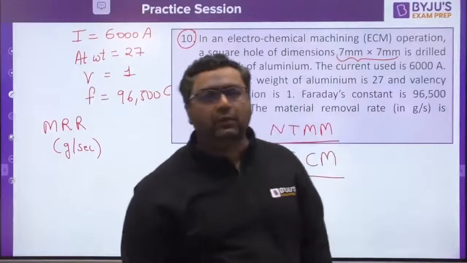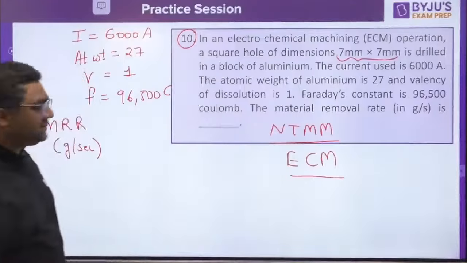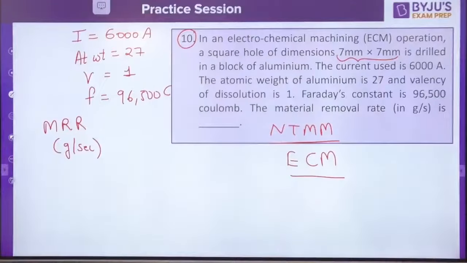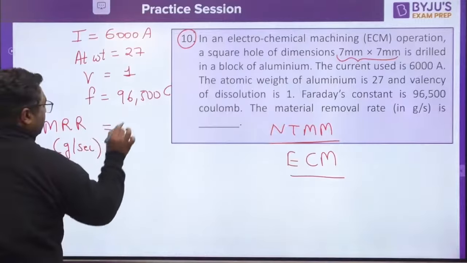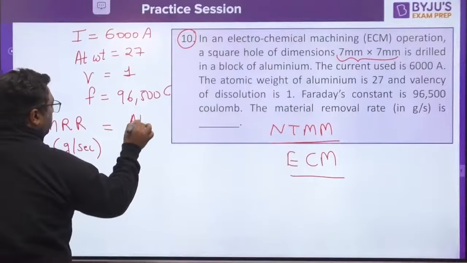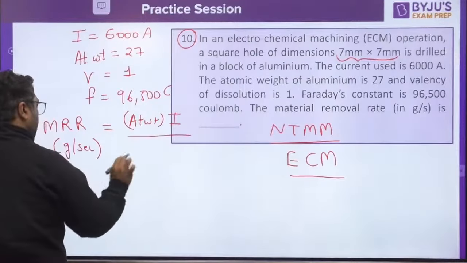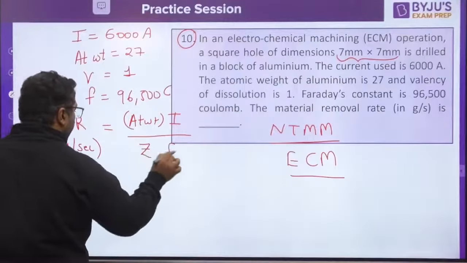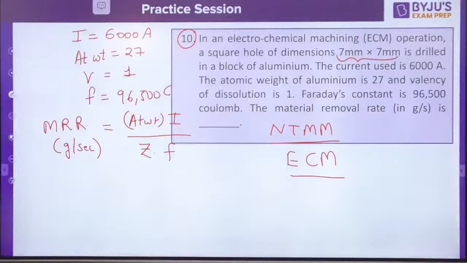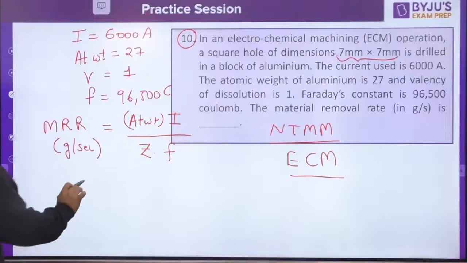Very good, Rohan. What is the answer for this? This is atomic weight into current, Z into Faraday constant. Z is electrochemical equivalent.